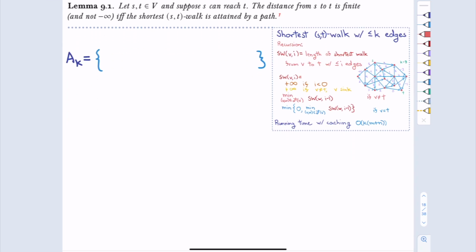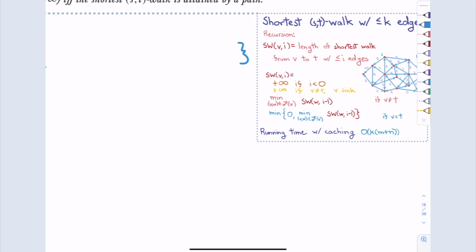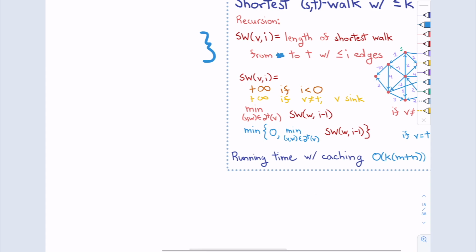Okay, so the interesting case, or the tough case, is when there are some negative infinities, and the question is how best can I identify and keep track and be careful with all of this negative cycle issue.